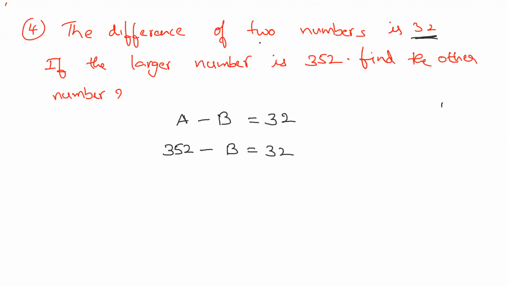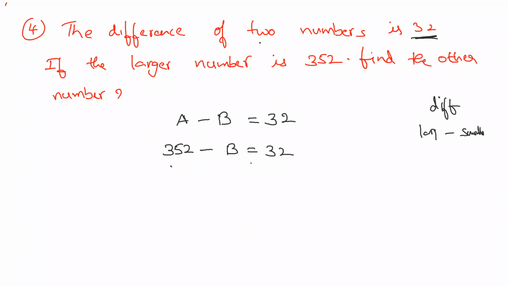The difference is only possible as largest number minus smallest number. If you do smallest minus largest, you will get the answer in minus values. But for difference we have to do large minus small only.